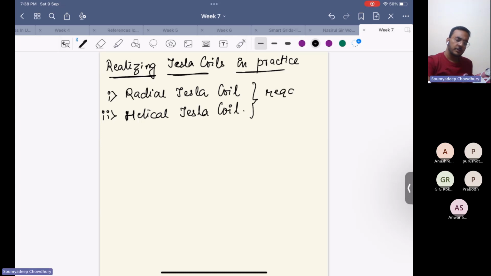So we have basically two types of Tesla coils in practice. One is called the radial Tesla coil and the other is called the helical Tesla coil. First I will draw the diagrams for both. Then I will explain.